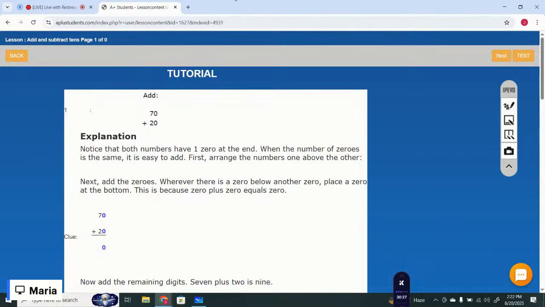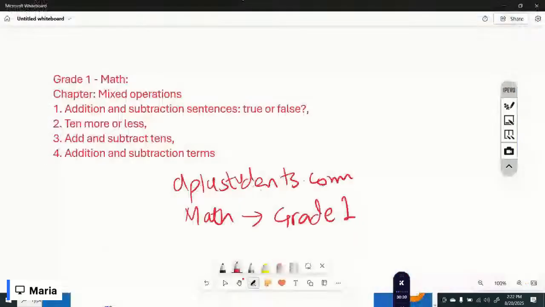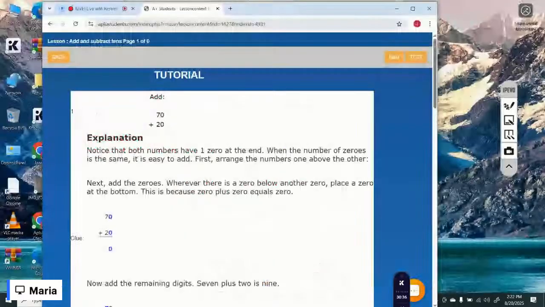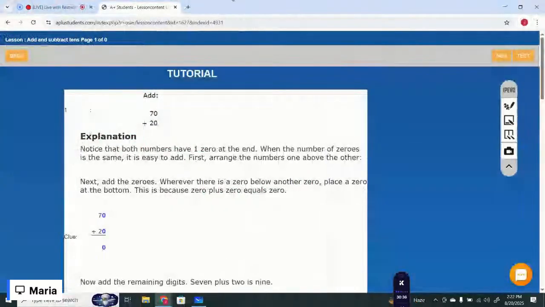Add 70 plus 20. So 0 plus 0 is 0, and we need to add the tens. 7 plus 2 is 9. 90.